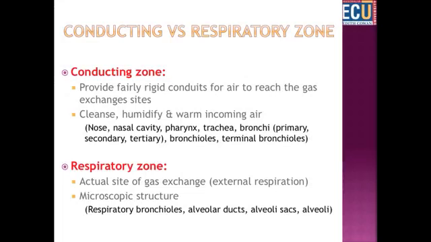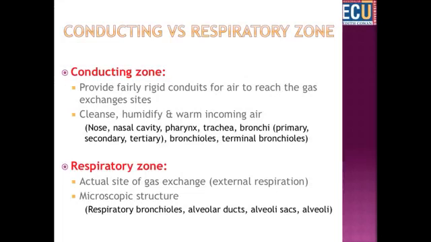Now, when we discuss the respiratory zone, the respiratory zone is the actual site of gaseous exchange. So this is essentially where the air is diffused between the alveolar sacs and the capillaries, the blood flow capillaries that surround or encapsulate those alveolar sacs. This is called external respiration.